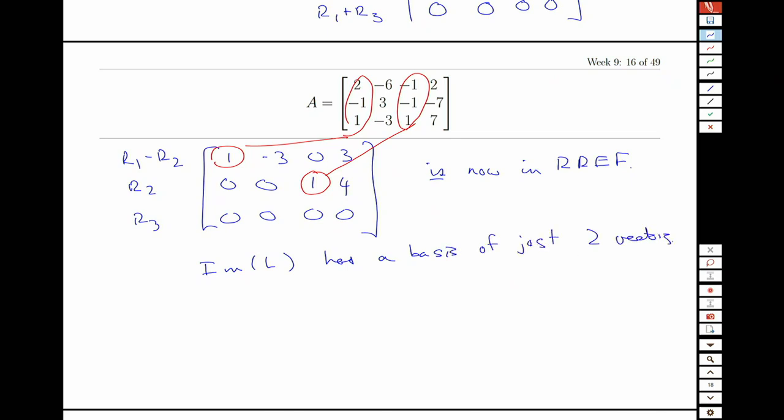Two vectors, and it's those two matching leading ones, 2, -1, 1, and -1, -1, 1. So just a little tag on to the RREF process. We just interpret the results now.